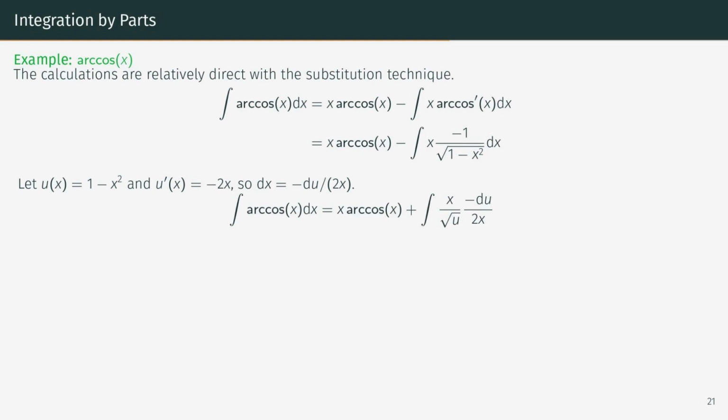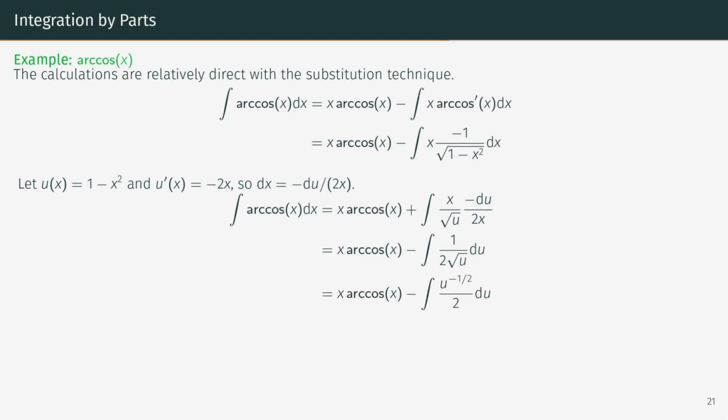We then put this substitution into the equation such that the integral of the arc cosine of x dx equals x times the arc cosine of x plus the integral of x over the square root of u times negative du over 2x. Simplifying this algebra leads to x arc cosine of x minus the integral of 1 over 2 square root u du.